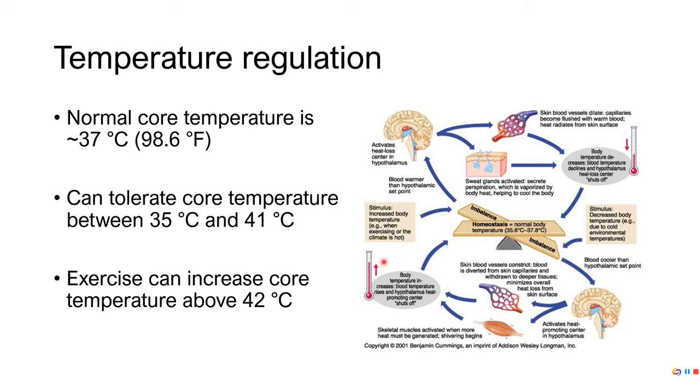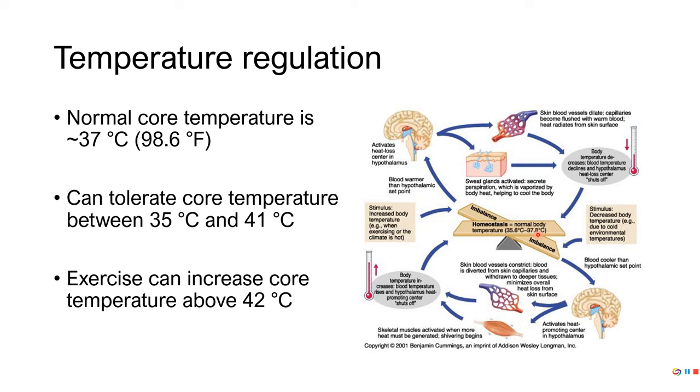Assuming everything's working okay, as long as you cool off, life's good. But we really try and stay between 35 and 40 and 41 for things to work properly. Okay, but as you can see here, really 35.6 to 38 is kind of right where we want to stay. If we get out of that range, then we start to have adjustments made.